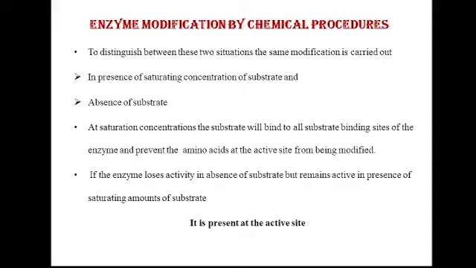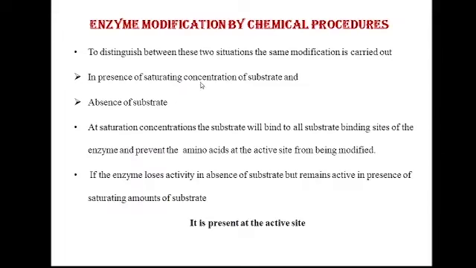This can be done by a very simple experiment, that is by carrying out the same experiment in the presence of the substrate at saturating concentrations and in the absence of the substrate, like we have done earlier.